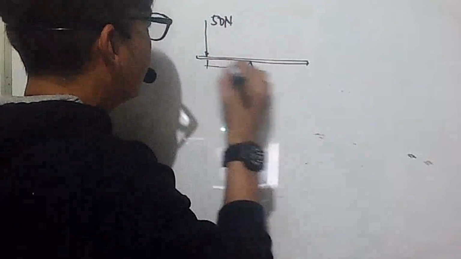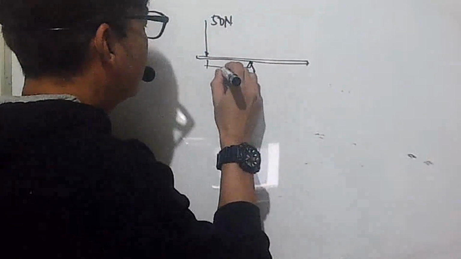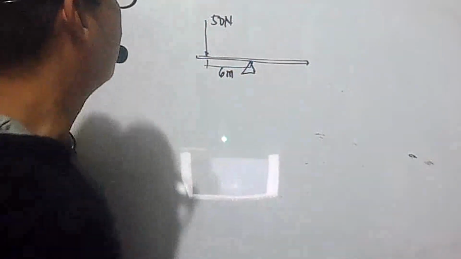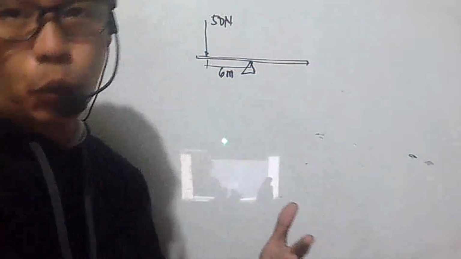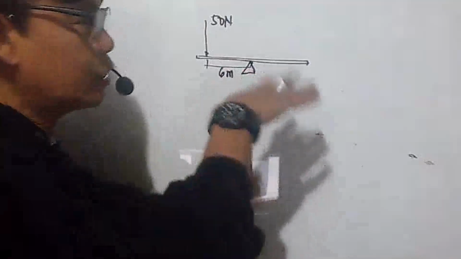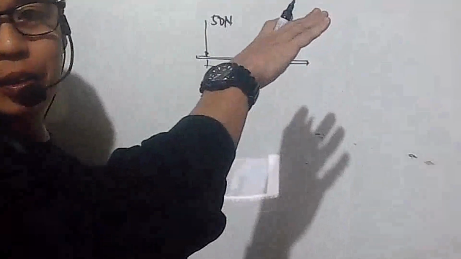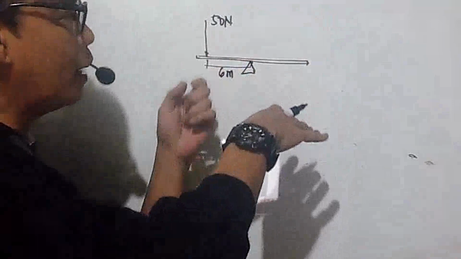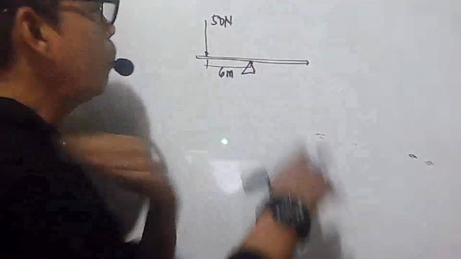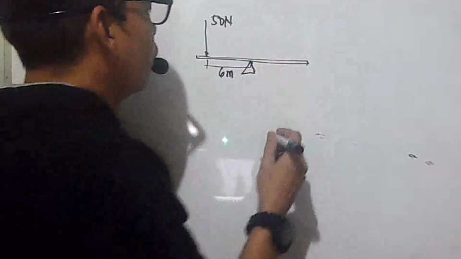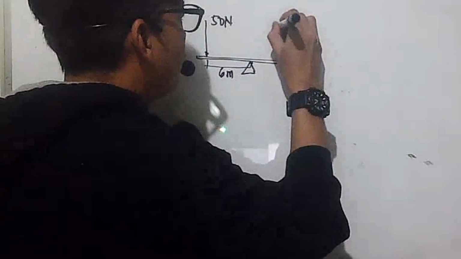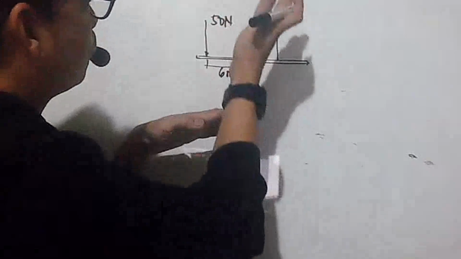It has a distance of, let's say, 6 meters from the center. Of course, when you press down here, the other side will go up. I think it's obvious. So when you go down here, the other side goes up. Therefore, whatever force you exert here, that is also the strength of the force on the other side. But your force there will be going up.